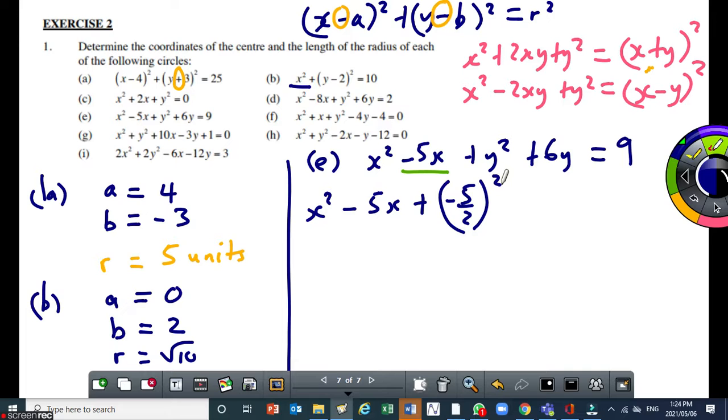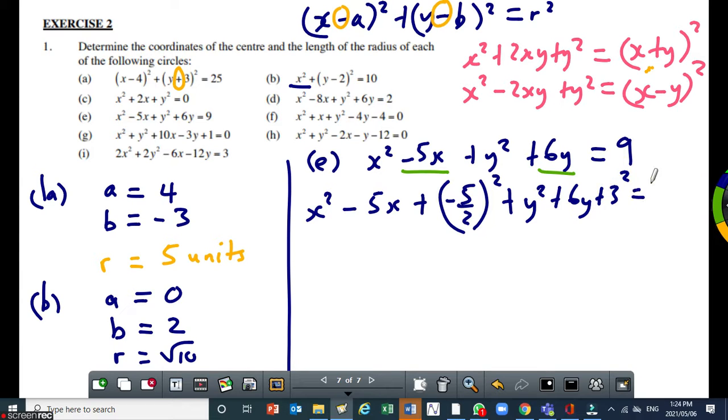Okay? Then for the y, we do the same. What's half of 6? 3. So we are going to add the square of 3 on both sides. So it becomes y² + 6y + 3². This will be equal to 9 plus this (-5/2)², we square that, plus 3². Okay?